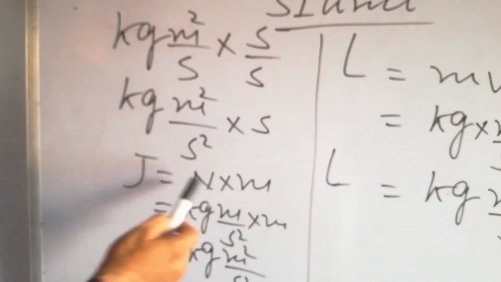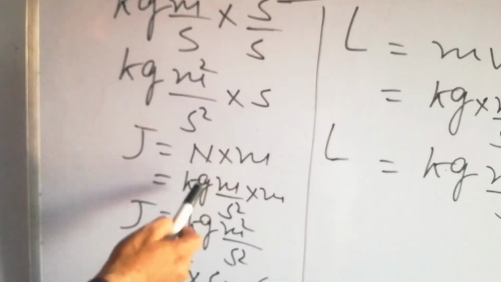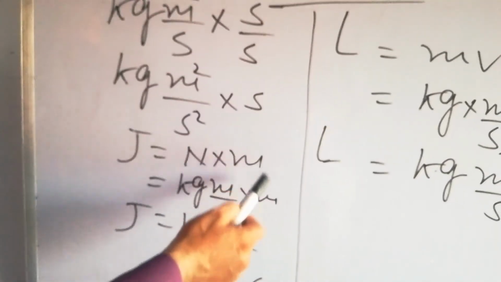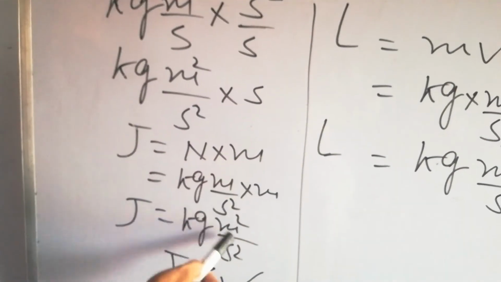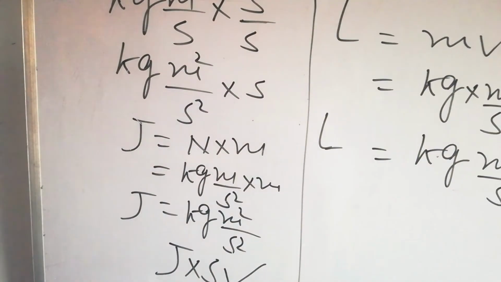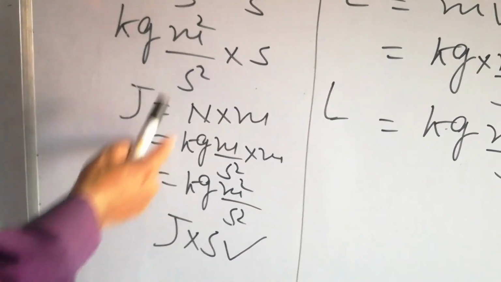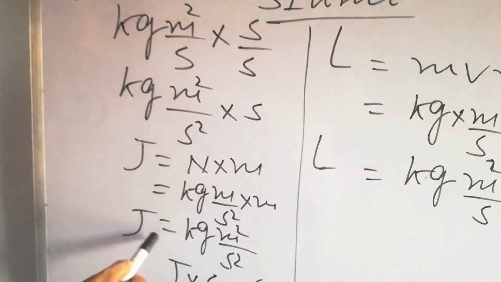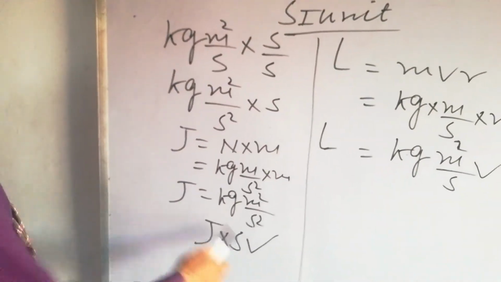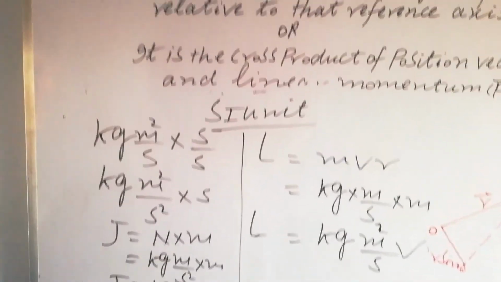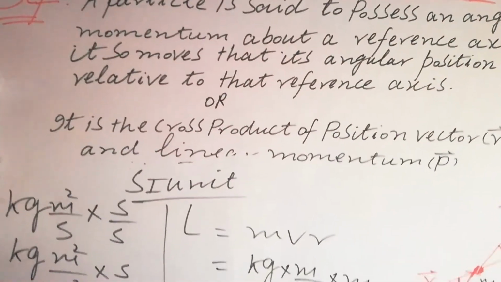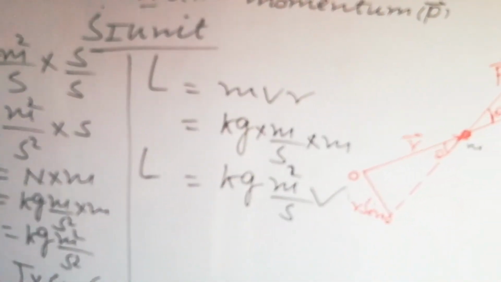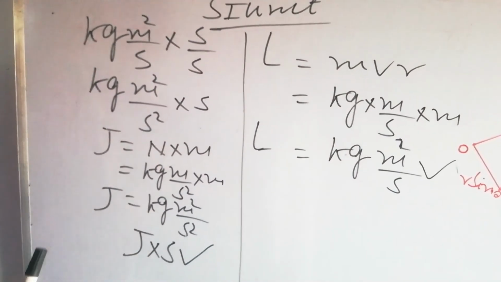It is joule. Joule is equal to Newton meter. Newton is equal to kilogram meter per second square into meter, and we multiply, you get kilogram meter square per second square, and it is equal to joule. So this quantity is replaced by joule, and finally we have joule second. So it has two units. The first one is kilogram meter square per second, the other one is joule second.